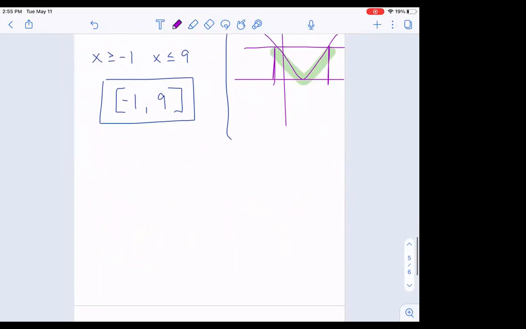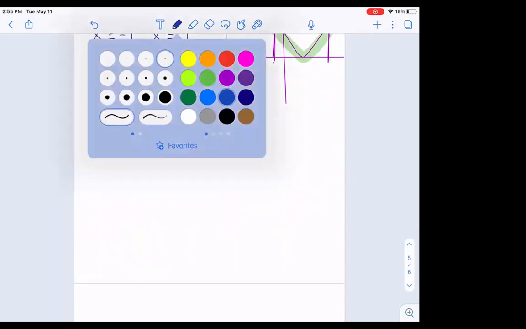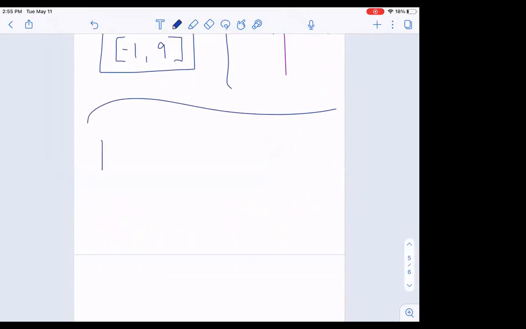All right, let me give you another example. Let's say we now have the absolute value of x plus 1 is greater than 7.